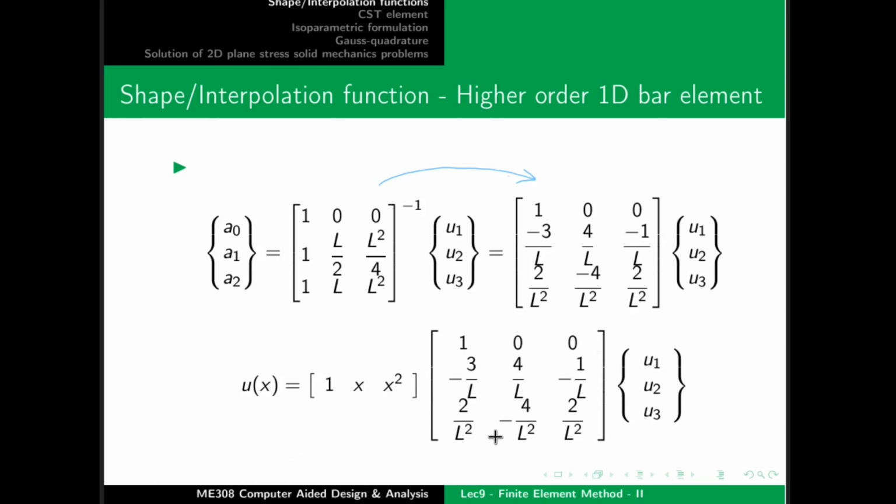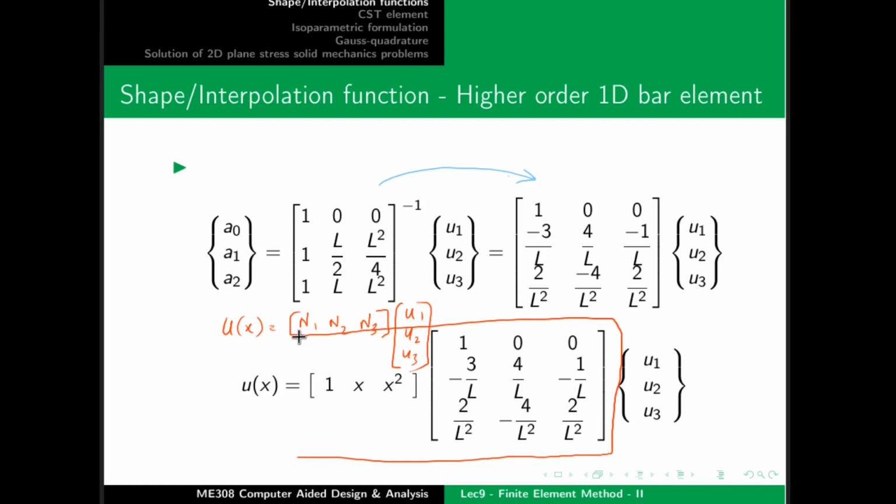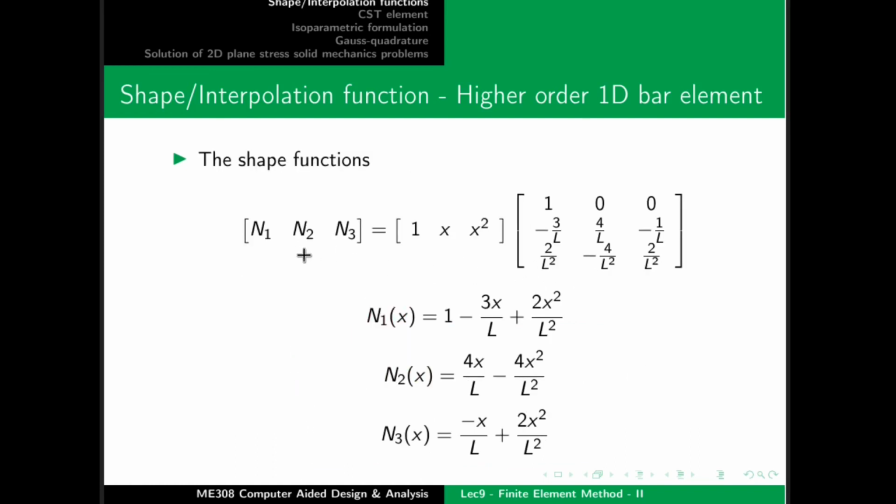This you can compare with the earlier expression, that is u of x equal to N1, N2, N3 times u1, u2, u3. If we compare this, you can see that the shape function matrix N1, N2, N3 is this product. So the shape functions are N1, N2, N3 and this product.